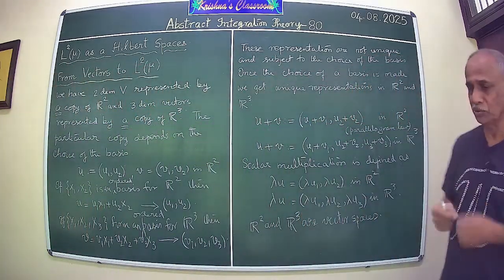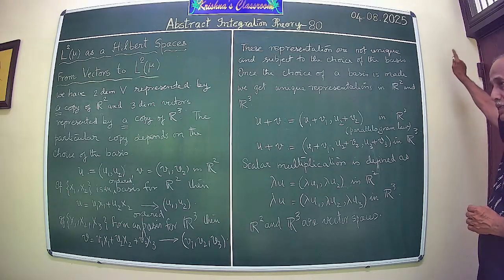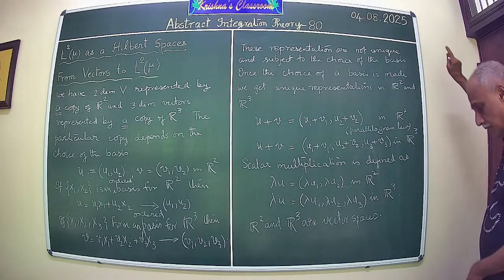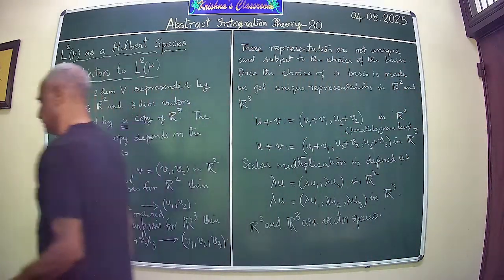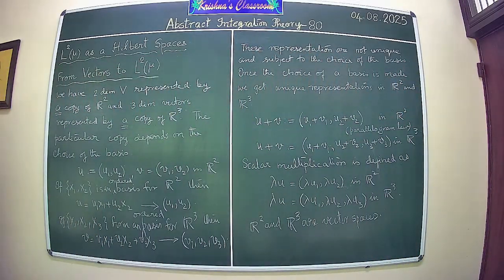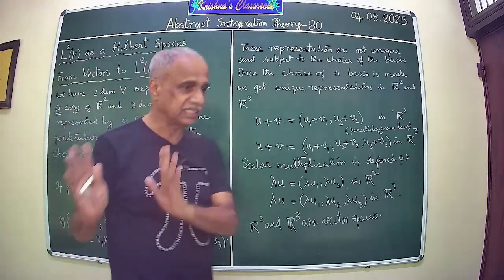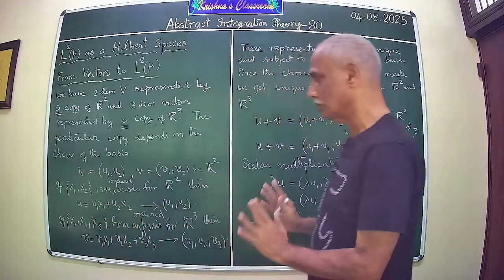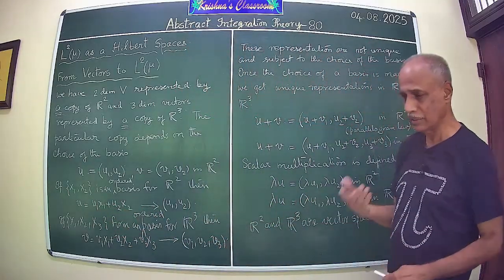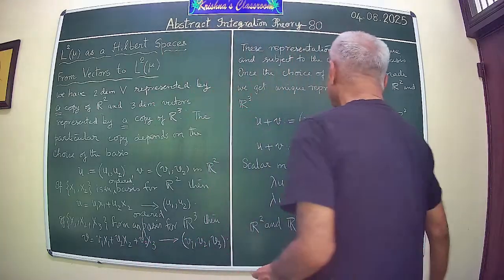So that once you do that, whatever is happening in the representative space of R2 or R3, you have the corresponding actions taking place in the vector space. So you have the abstract vector space and the manifestations of these vector spaces in terms of R2 and R3. I'm not going into R and R2. That is something that you can easily migrate to. Okay.